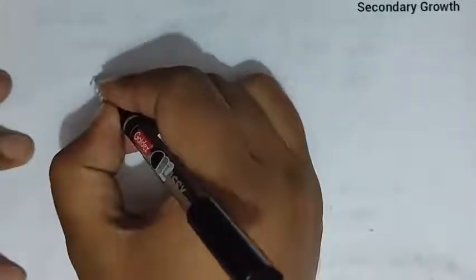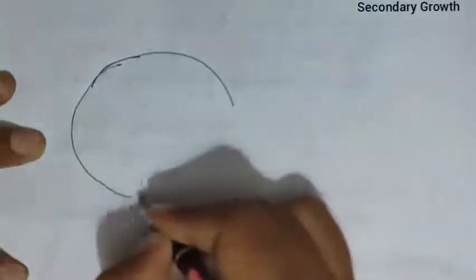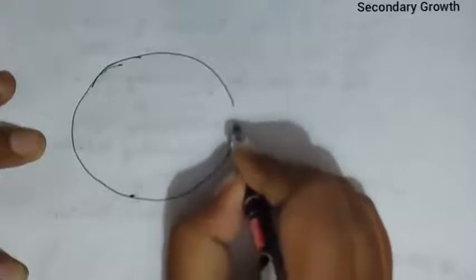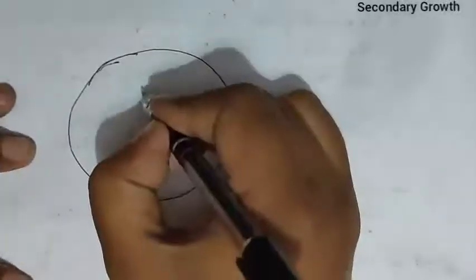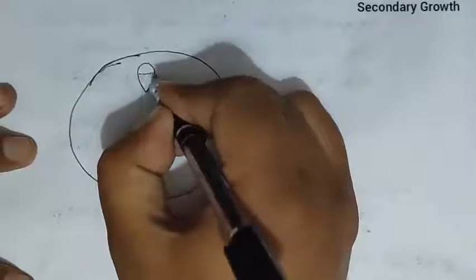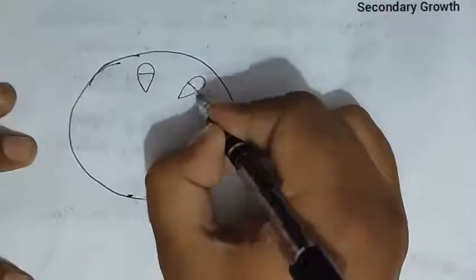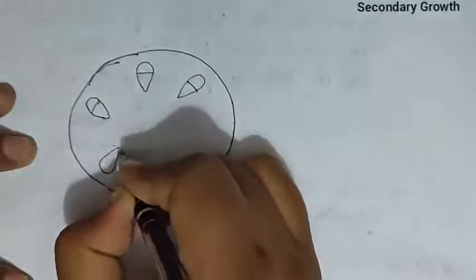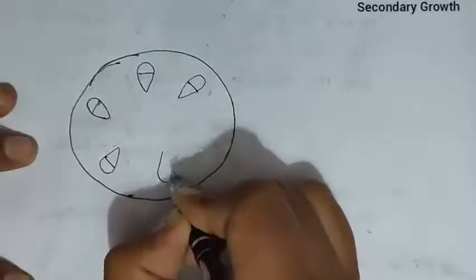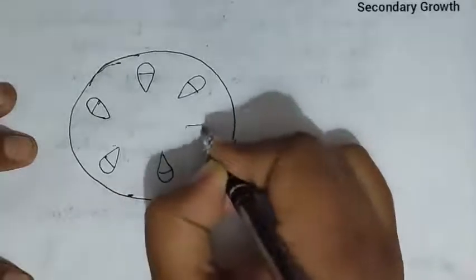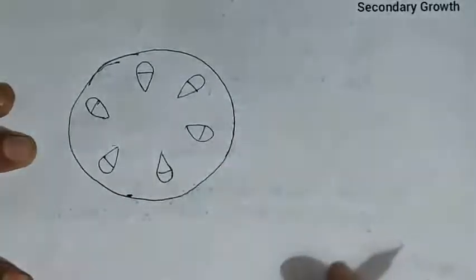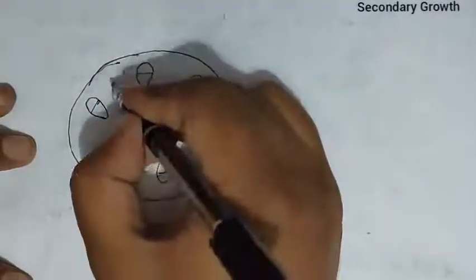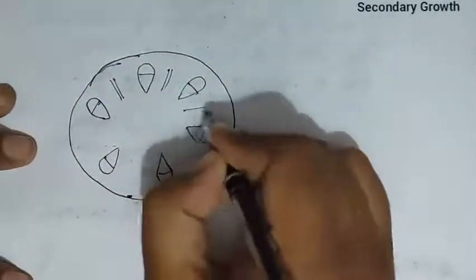Suppose this is a diagram of vascular bundles, and several vascular bundles are found here. Here we find some medullary rays.